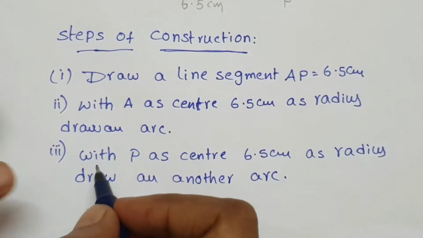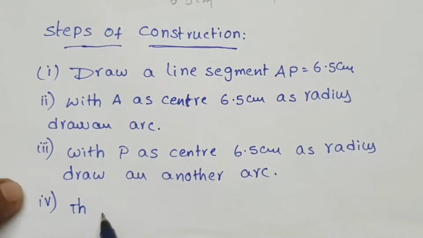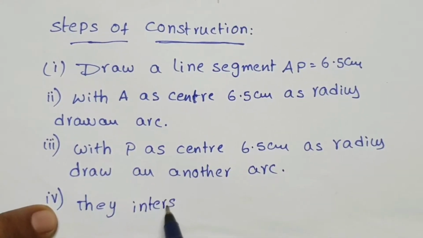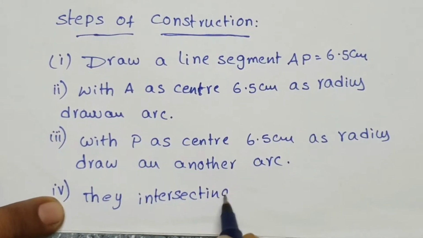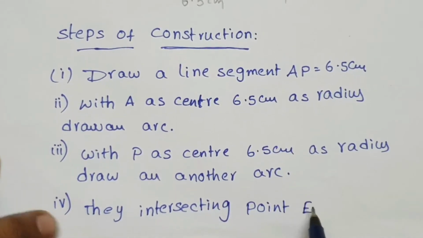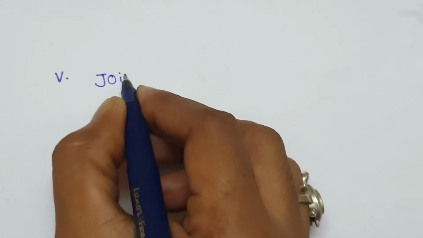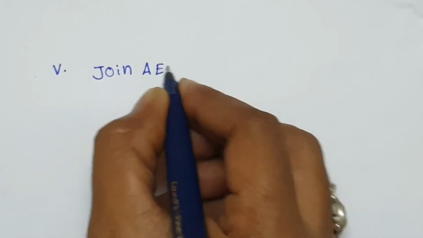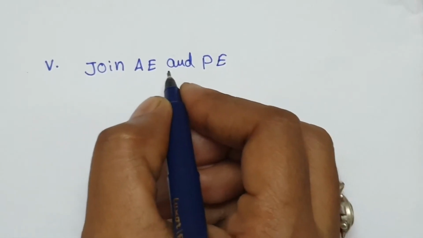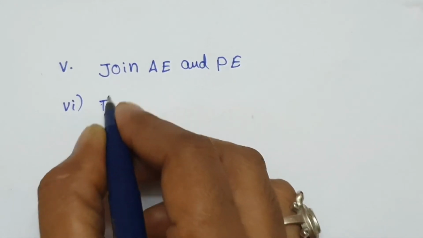And next, they intersect at E, the intersecting point E. Next, fifth point, join AE and PE. Next, last point, this is the required equilateral triangle.